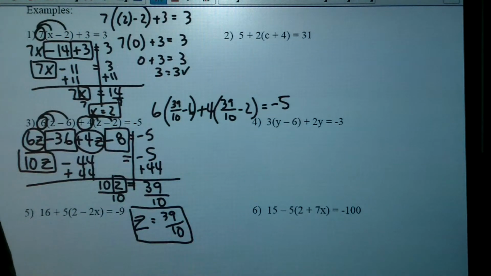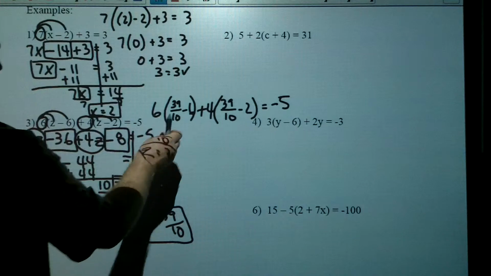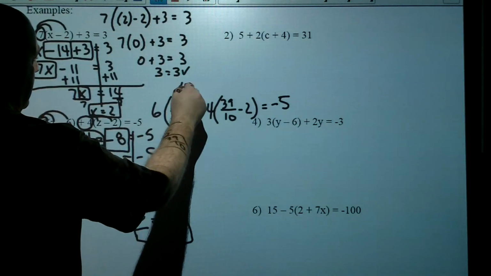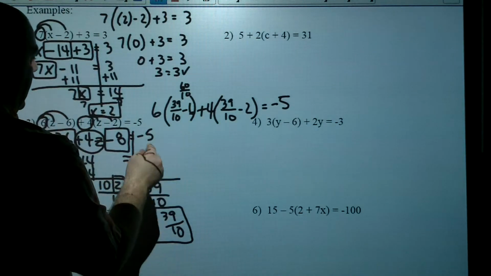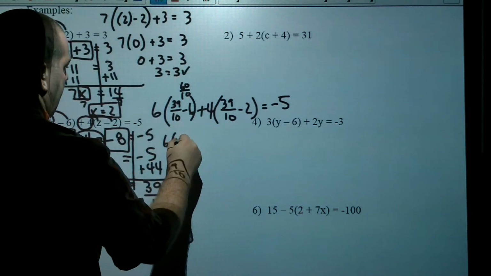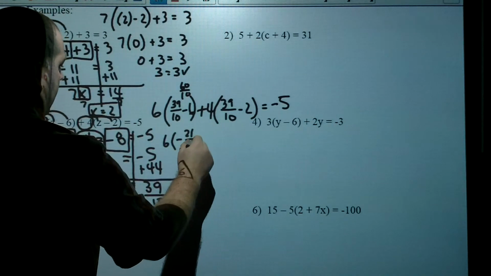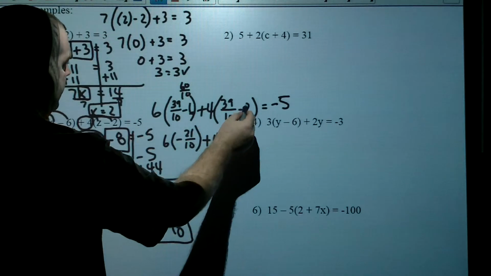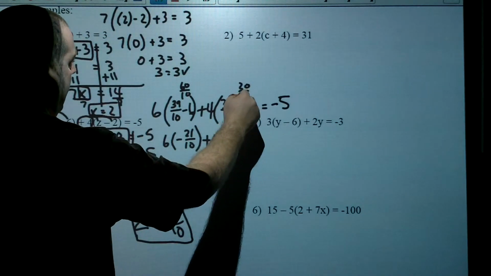Now unfortunately I run out of room here. 39 over 10, this 6 is 60 over 10, so it's a common denominator. When I subtract those, I get 6 times negative 21 over 10 plus 4. This 2 is 20 over 10.